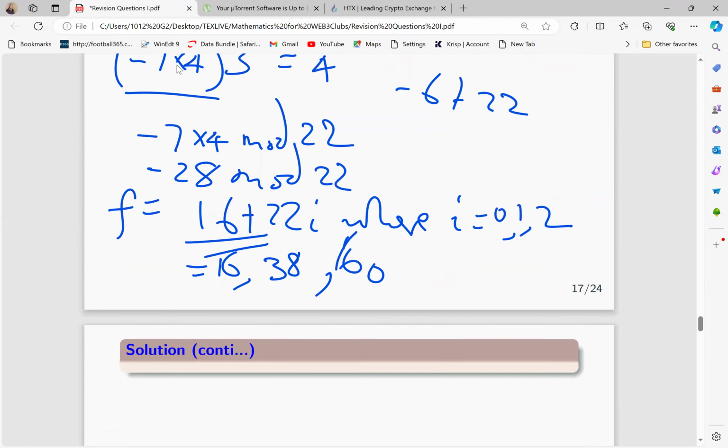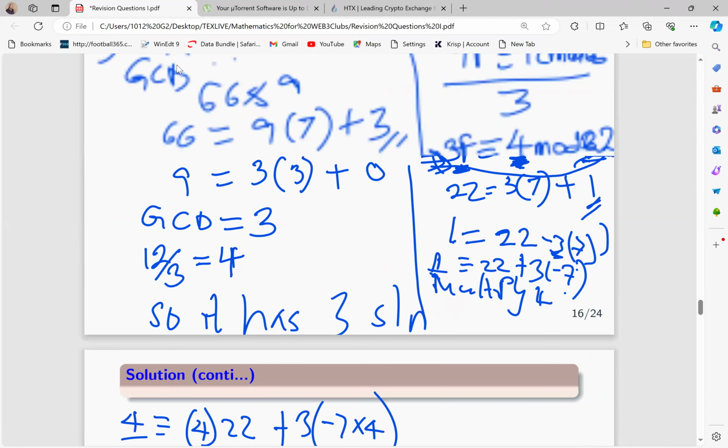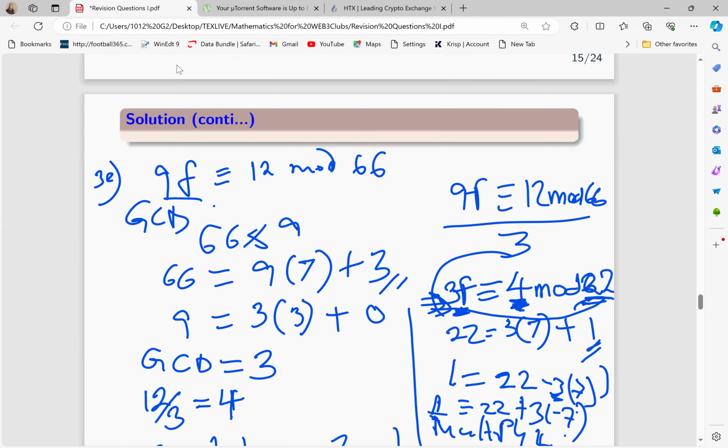The other one is 38. 9 times 38 mod 66. It's 12. Yeah. So that's how you do it.